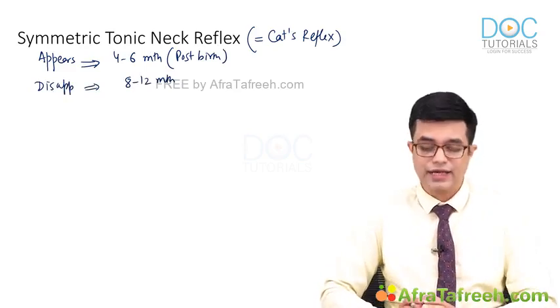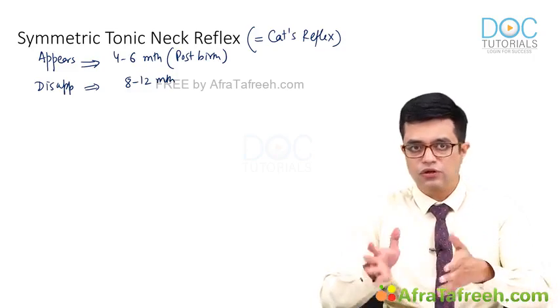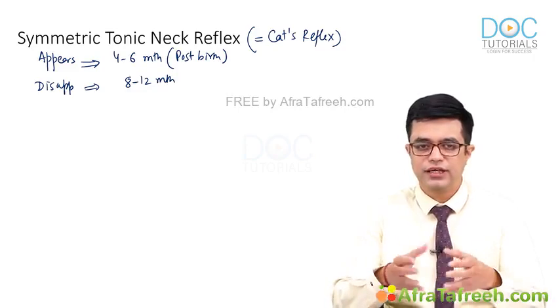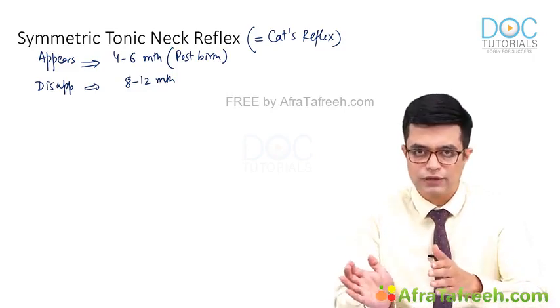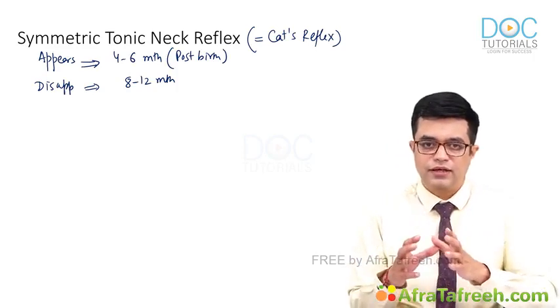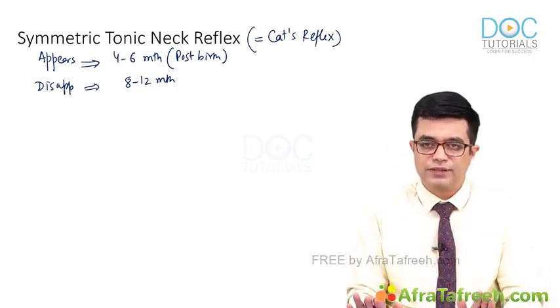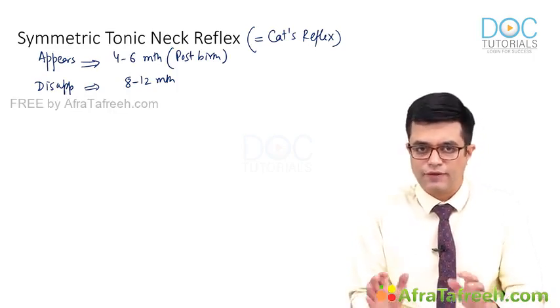Why we call it as a cat's reflex? It is done in a child. First of all, you put the child on all 4 limbs. For all 4 limbs, it will not be possible to put a younger child. You put the child in prone position or support him by bringing him forward on his tummy. After you put like this, the child is firmly supporting himself. Usually around 5 to 6 months, the child is able to sit with support.